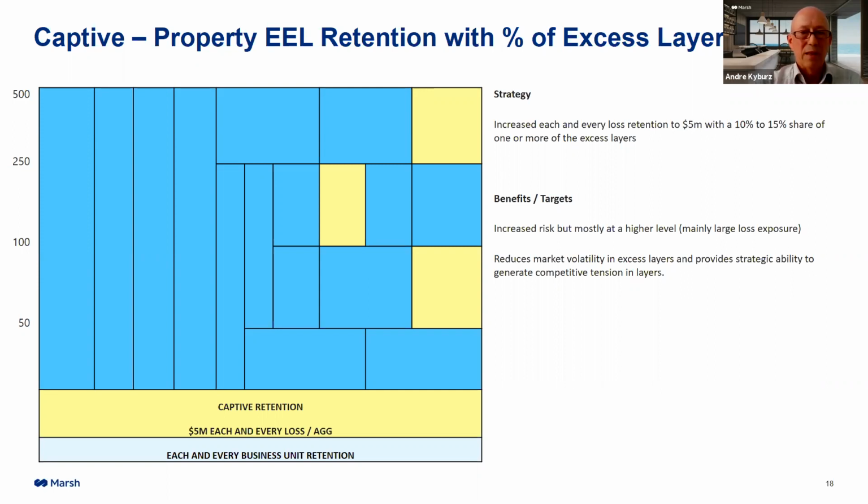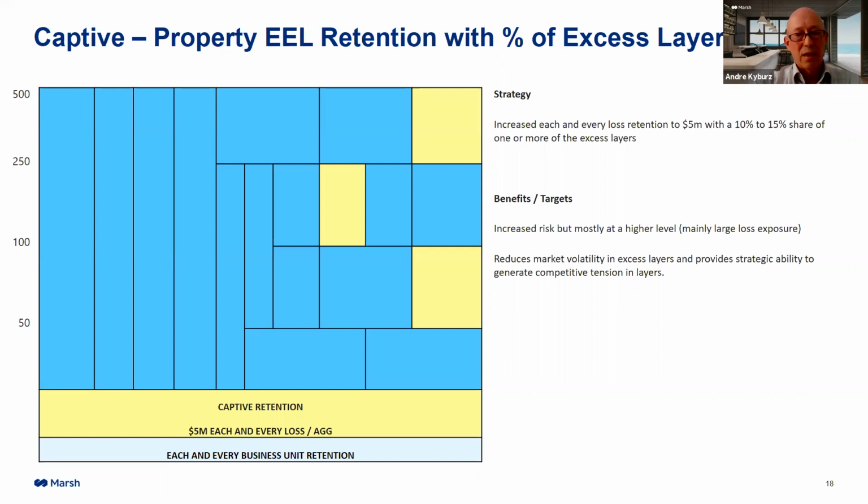But what we've recently seen is captives also participating with percentage shares in some of the excess layers, especially where we believe excess insurers get the pricing wrong, and we can then use the captive strategically to fill in those gaps and basically say the pricing is too expensive. If you want that pricing, then we take it with the captive and move you further up the tower.